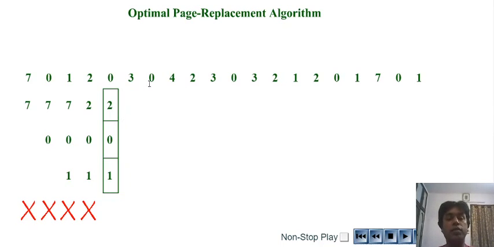When looking into the future demand, out of 2, 0 and 1, 0 is the one which is going to be required in the near future. So replacing 0 is not a good option. Then there is going to be a demand for 2, and the demand for 1 is going to be late as compared to the demand of 0 and 2. So it is always better to replace 1.